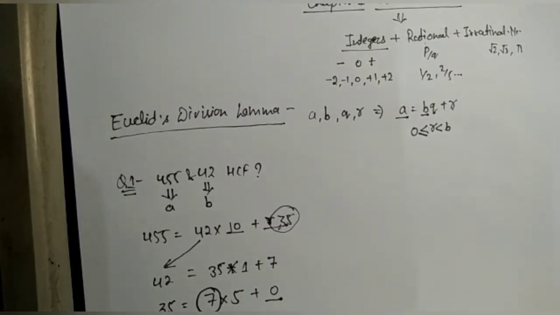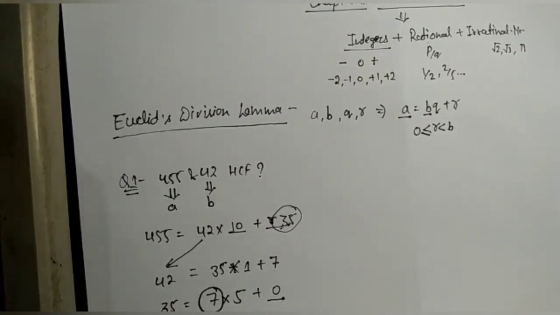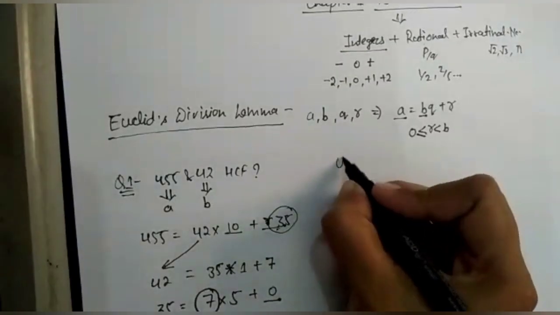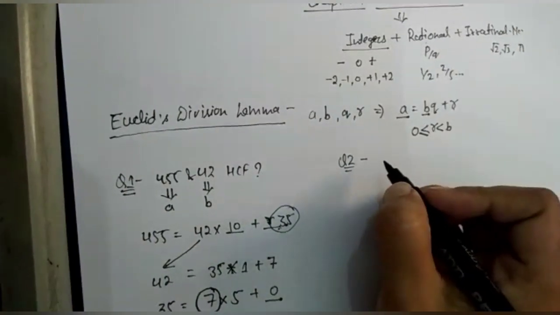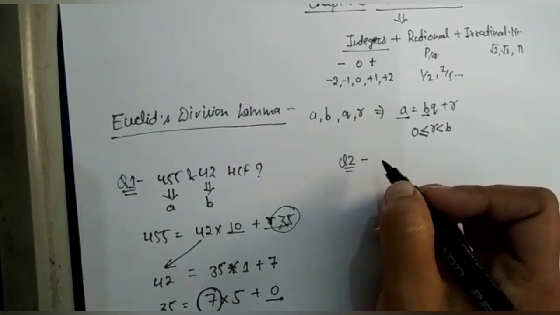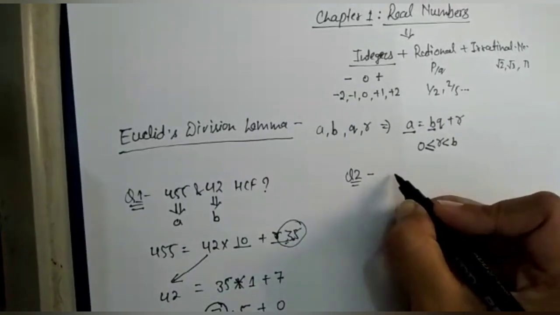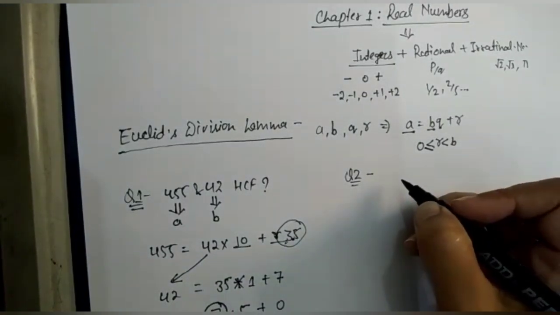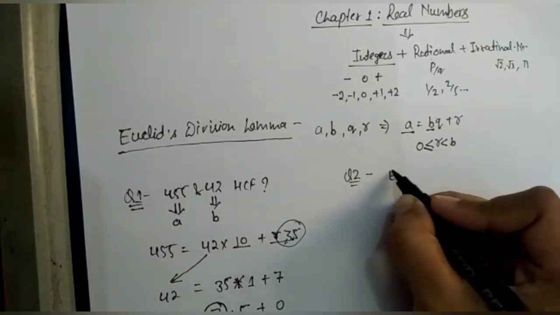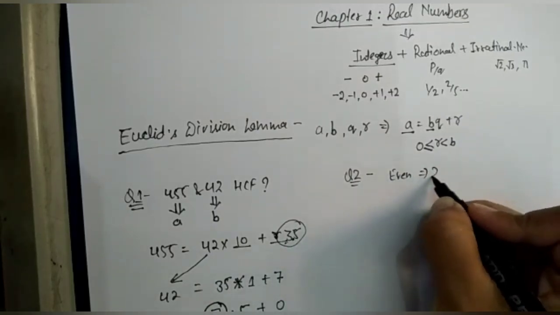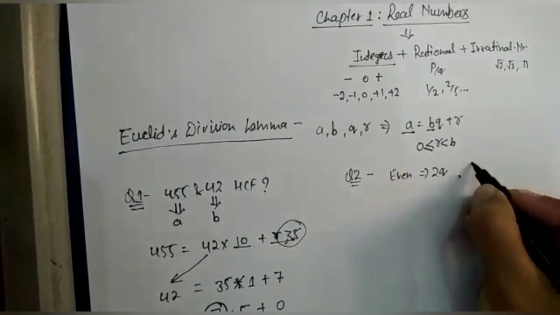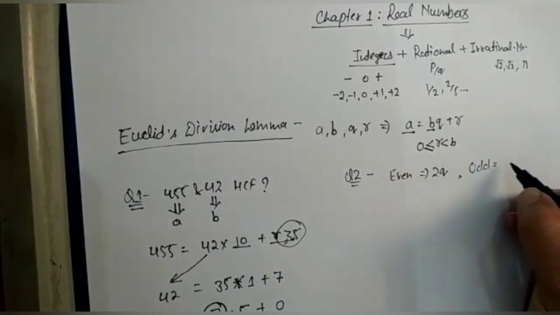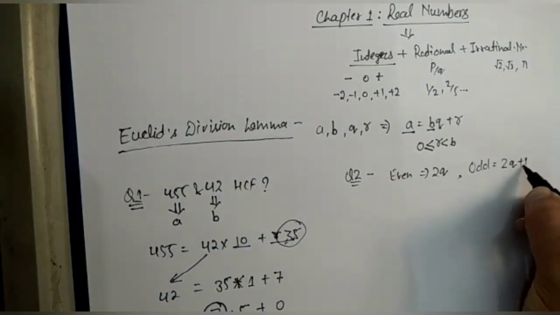Now we will see another question. Question number 2, you have to show that every positive even integer is of the form 2q, and odd integer is of the form 2q plus 1.